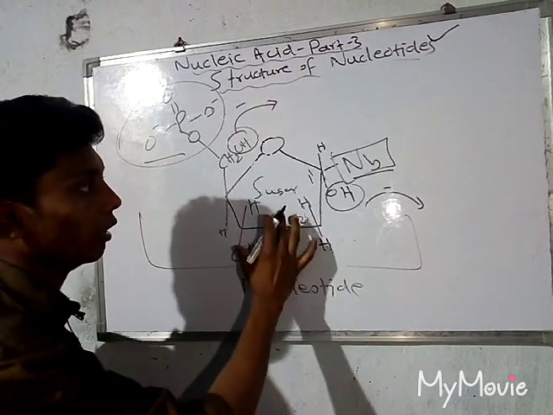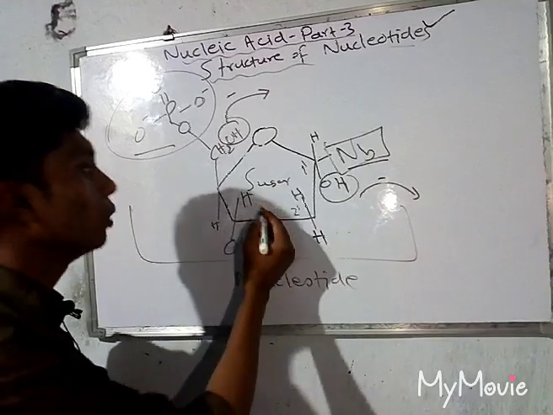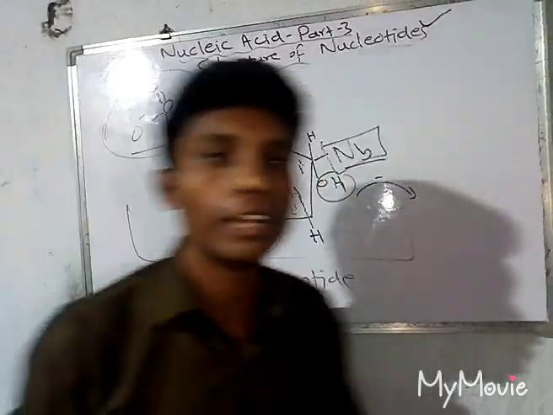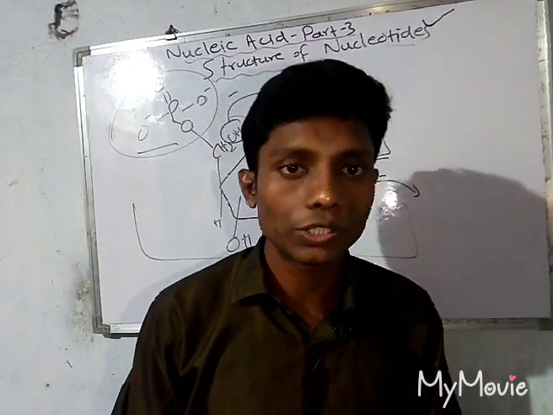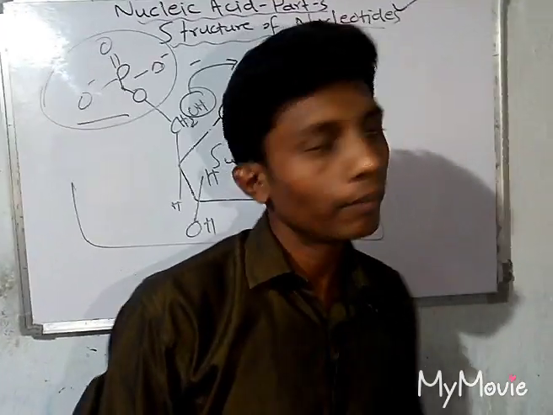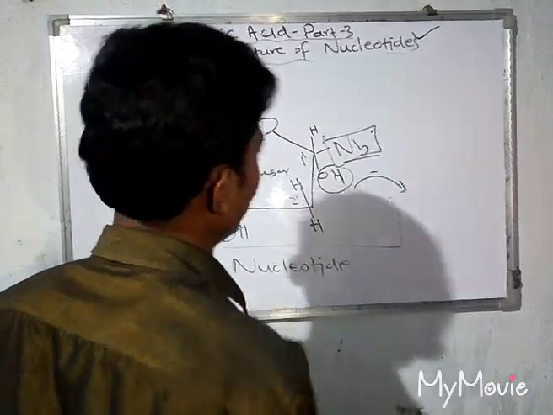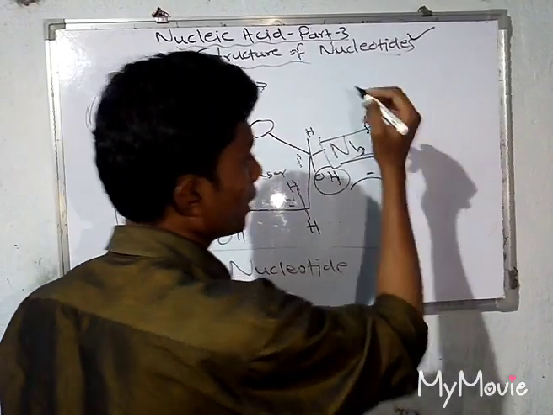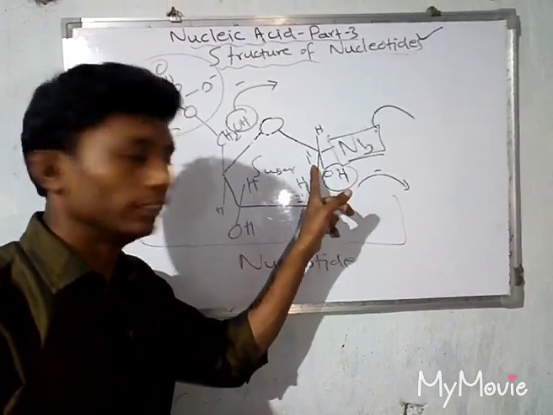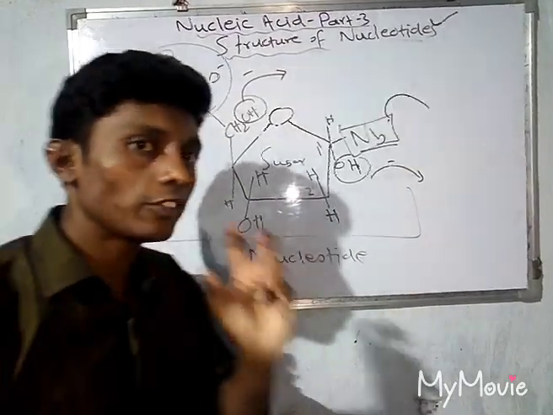And if there is only an H atom at the 2' position, the second carbon position of the sugar, then this structure, that is sugar, nitrogenous base along with phosphate group, is a nucleotide of DNA, which is called deoxyribonucleotide.